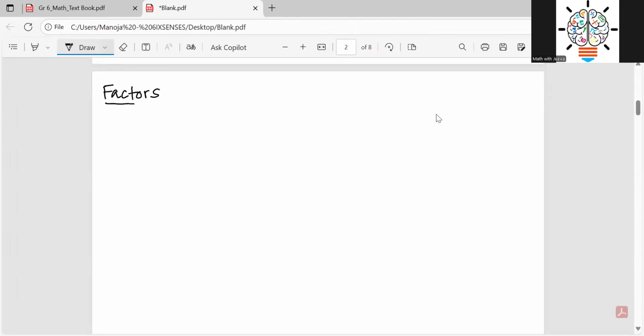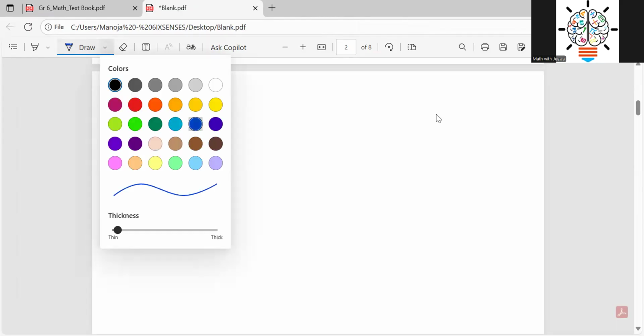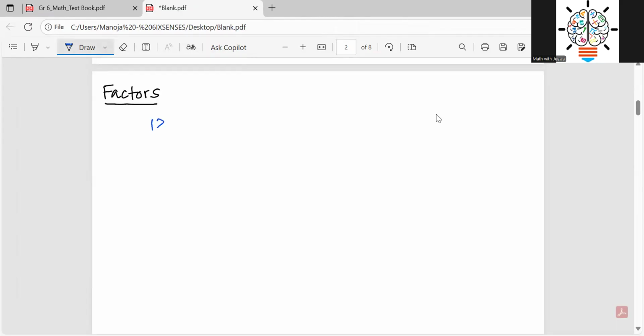Factors. Okay, so what does this mean? If you want to have 12, what are the ways you can have 12, children? 1 times 12, 2 times 6, 3 times 4. Then I have 4 times 3, but I don't write it. There's no point writing 4 times 3, already I have written 3 times 4.